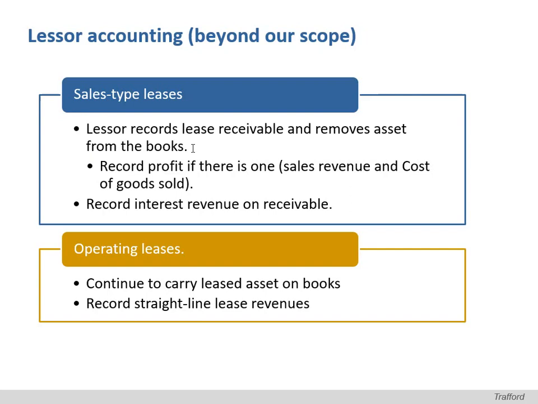If the lease receivable is greater than the cost of the asset, they would record a profit on that, and in the future they record interest revenue on the receivable as they collect each one of those lease payments. If it's an operating lease, the lessor leaves that leased asset on their books, they continue to depreciate it, etc., and they just record lease revenue on a straight line basis as they get the payments.